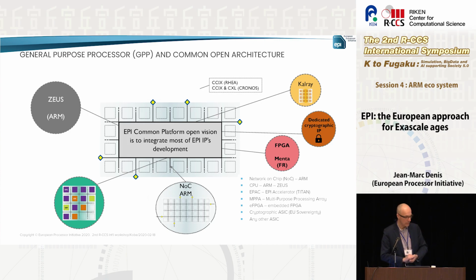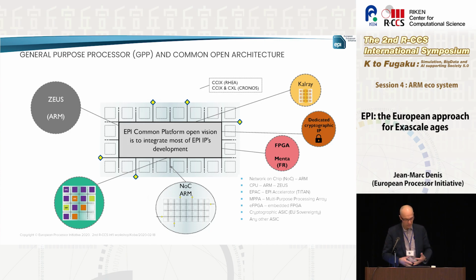We are going to implement a specific accelerator for the automotive industry for autonomous vehicles. We are going to implement on the NOC as well different FPGAs, plus some cryptographic engines, and we have some room left for specific ASICs that we can implement as long as they fulfill the specification of the ARM NOC.